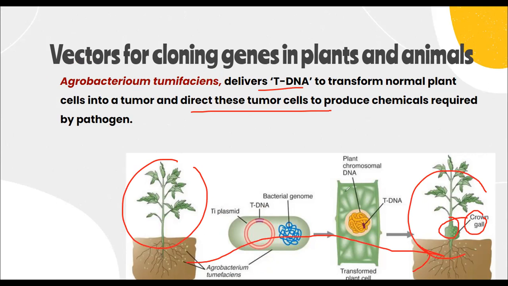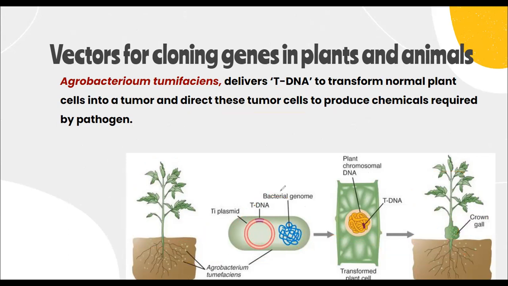Now genetic engineering has manipulated this Agrobacterium tumefaciens. It has taken this tDNA, Ti plasmid. This plasmid is responsible for causing tumors in normal healthy plants if the bacterium infects this healthy plant.